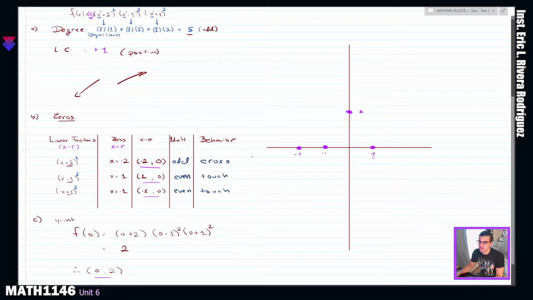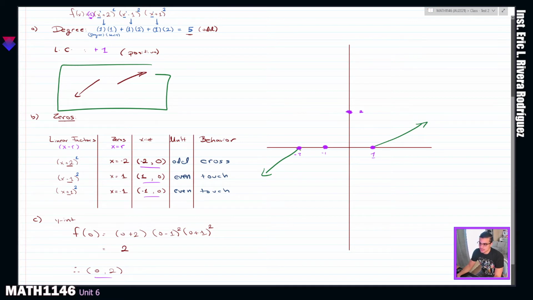Now, from A, we got the behavior. We know that from the left, it falls. So we can start from this point, going down, it falls. And from this point here, it rises. Okay, so that's the behavior.